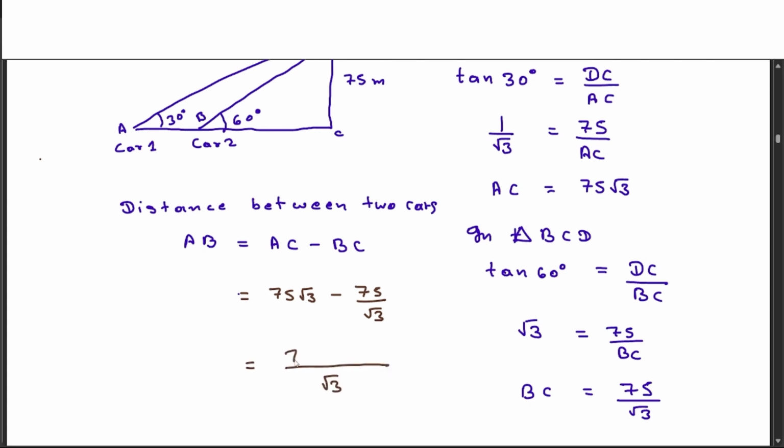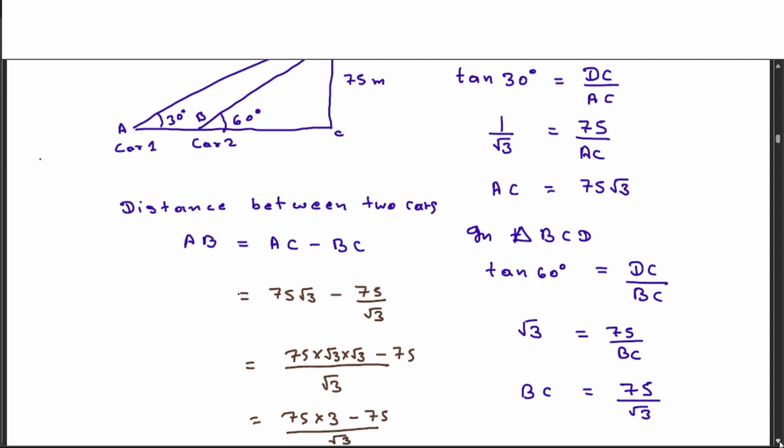So 75 times root 3 times root 3 minus 75. Okay. So we can solve this one. So 75 times root 3 times root 3, so you will get here 75 times 3 minus 75 over root 3.